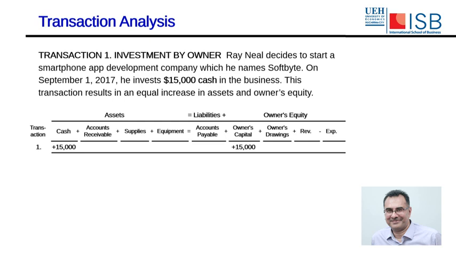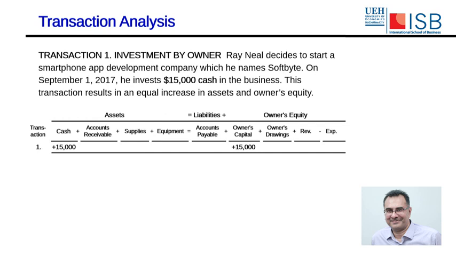We must understand that when we start a business, the owner investor has to put cash into the business in the form of a business bank account. So how do we record this transaction? On the left side, we will see an increase in assets, which is the cash coming into the business.